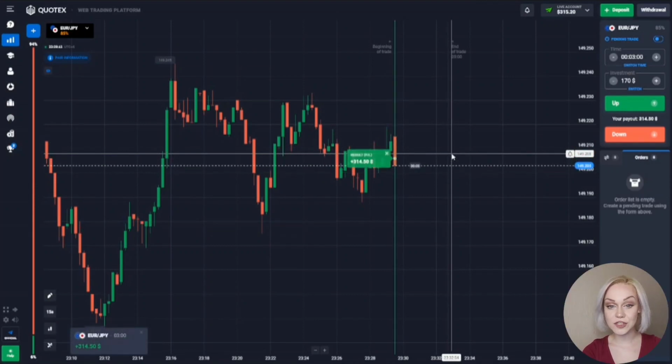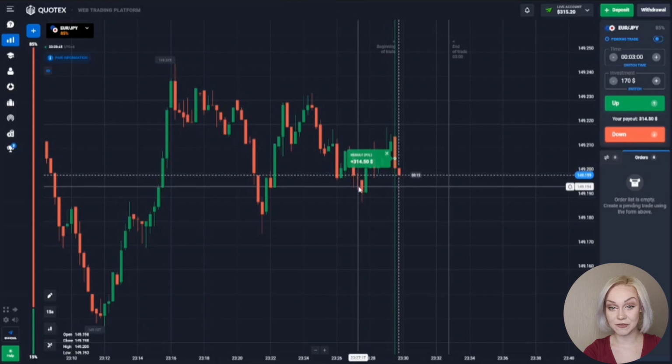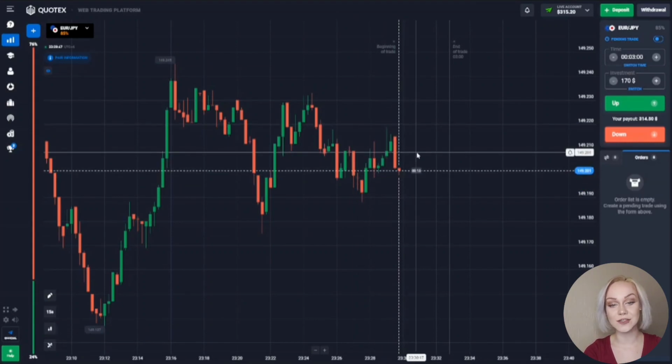The high volatility of the chart was dangerous, but we could benefit from a longer trade. So let's move on to the next case.